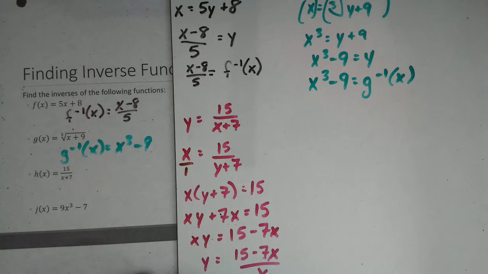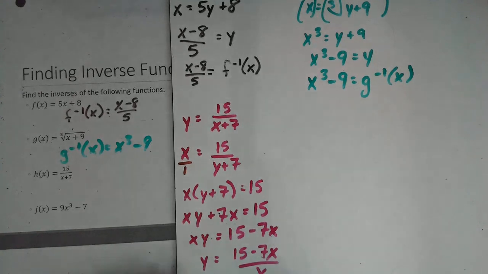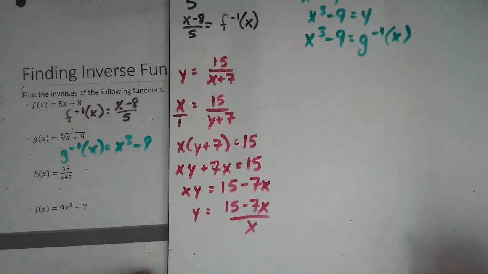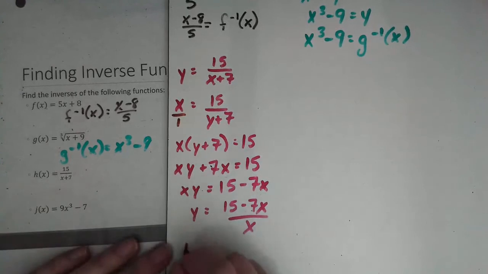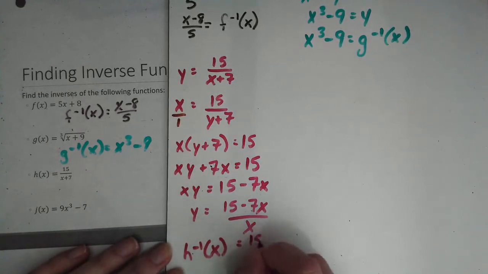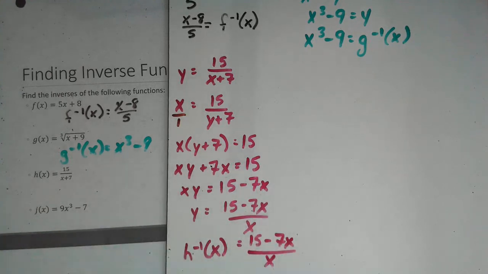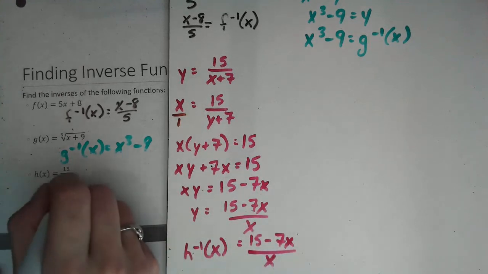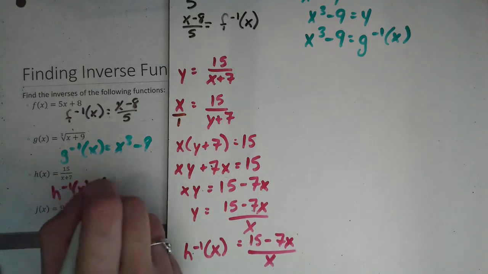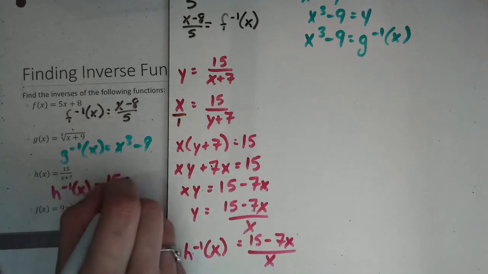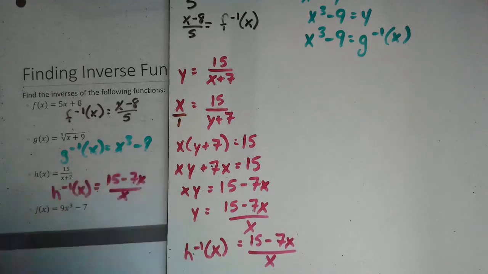Then I need to go back to my function notation. So this one was h of x, so this will be h inverse of x is equal to 15 minus 7x over x.